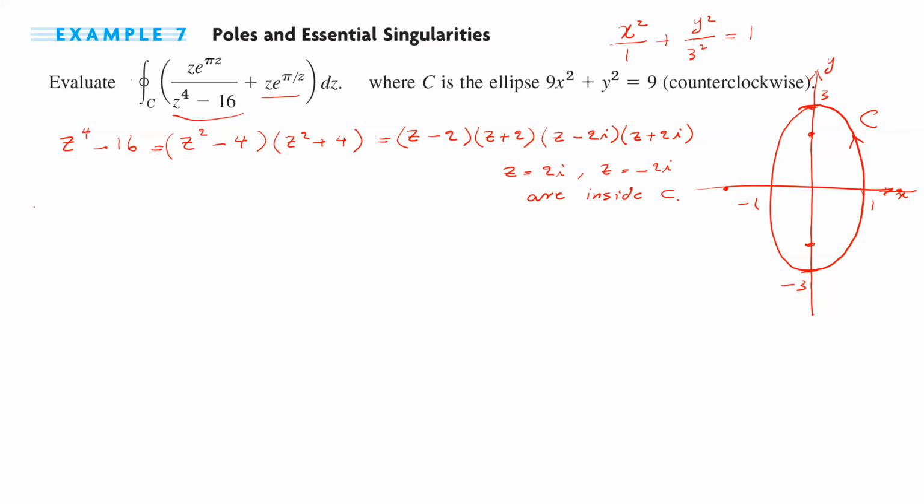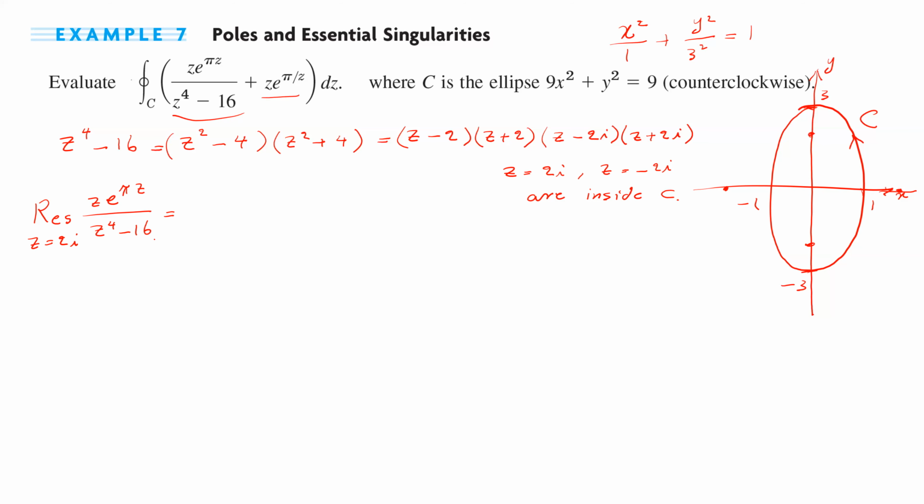All right. So we need to calculate the residue at these 2 points. What is the residue of z e to the pi z divided by z to the 4th minus 16 at z equal to 2i? We can use the P over Q formula.